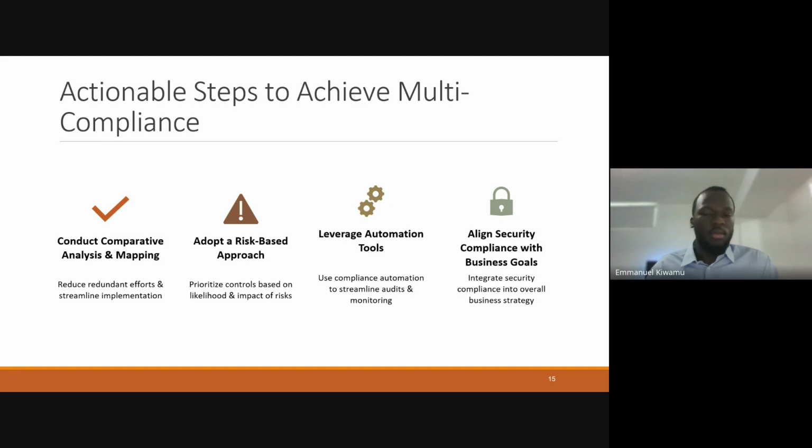And in this environment where we have AI and automation, it's also good to use automation tools to streamline the process of audit and monitoring. There are tools like Vanta and other automation tools that organizations can use to streamline this whole process.